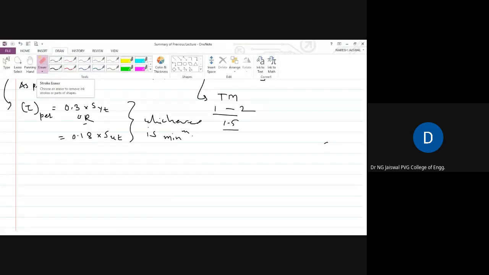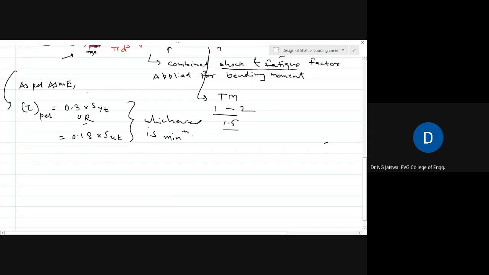This reduction in the strength because of the keyway is taken into account in the ASME. So ASME says that if there is a keyway, then the permissible shear stress is equal to 75%.